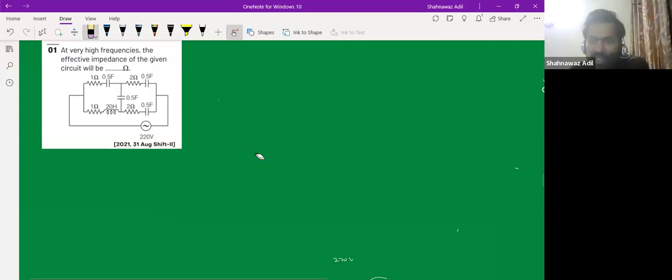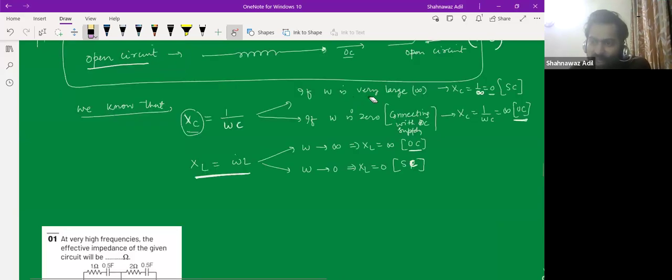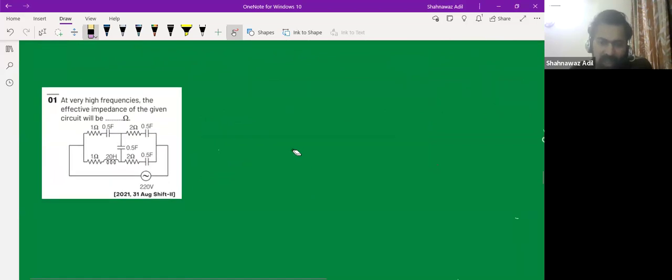So we know that at high frequency, at omega in infinity, capacitor is short circuit, inductor is open circuit. Right. Inductor open, capacitor short at high frequency. So we have this capacitor, so capacitor is short circuited.